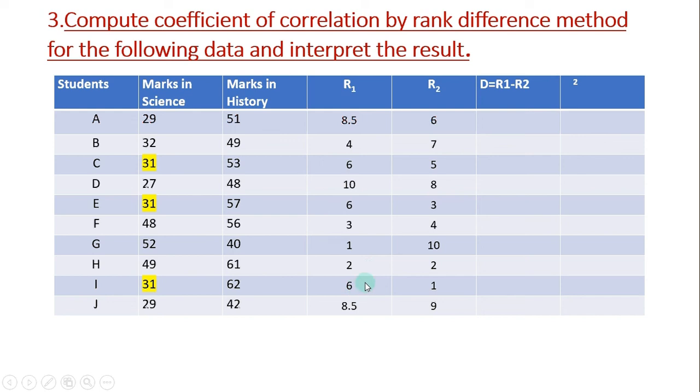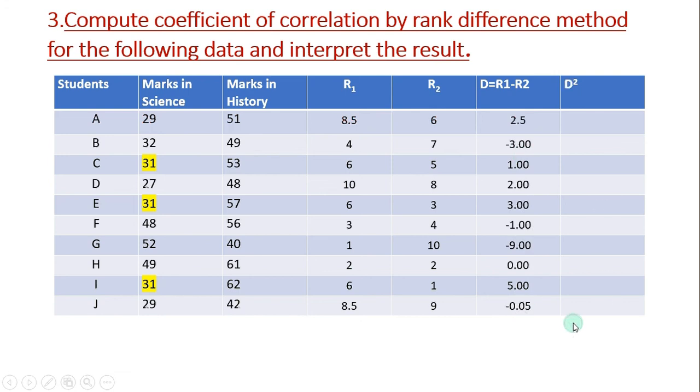Then 9 and 10, two scores are there. Therefore that divided by 2, that is 8.5, 8.5, then 10. Okay, like that. So here up to 4 is given, 5, 6, 7. Add all three. Here you take the R1 and R2 difference, you will get this one.